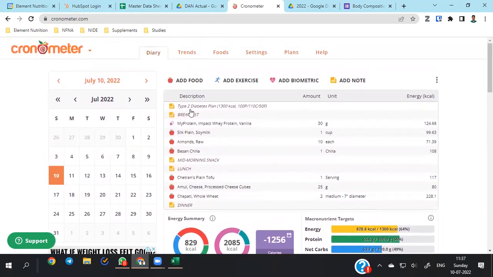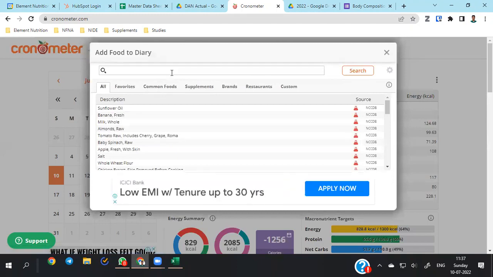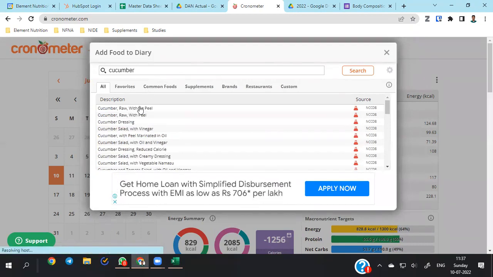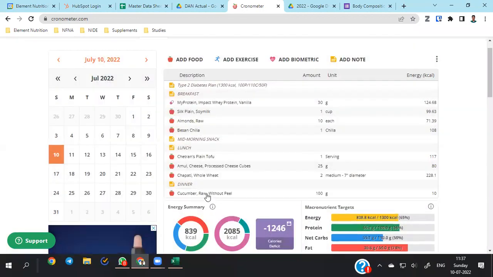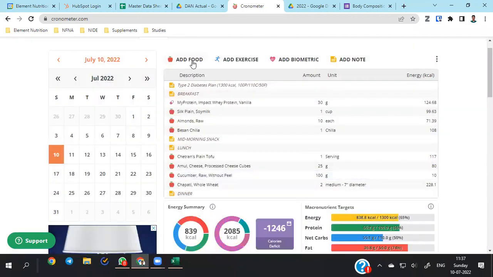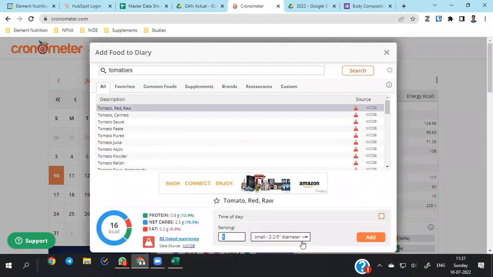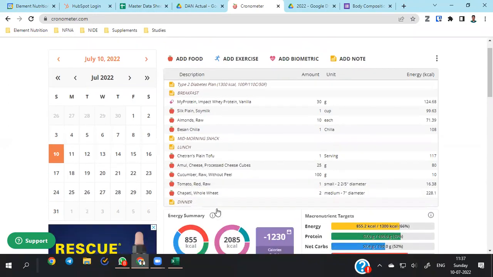I also gave him some vegetables here. Now vegetables will go with the chapati, but he can have the salad vegetables between the chapati and the cheese. Okay, so we will put cucumber around 100 grams or so, and tomatoes also. One small tomato. He anyways has those for this meal every day.